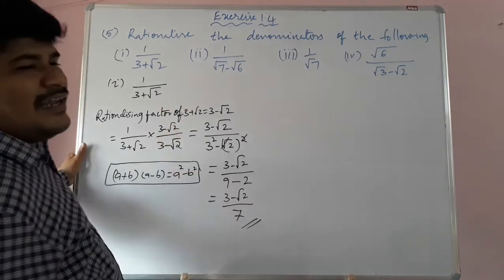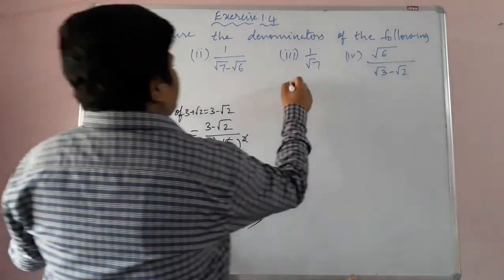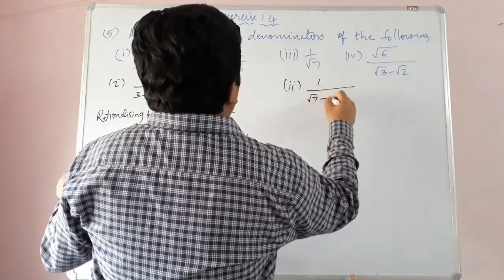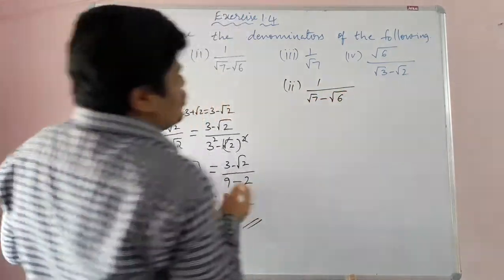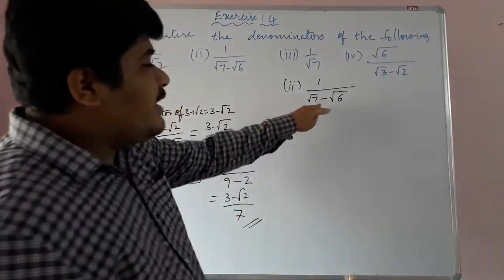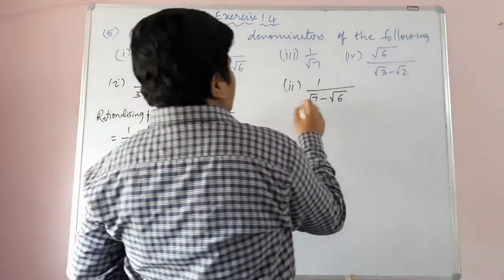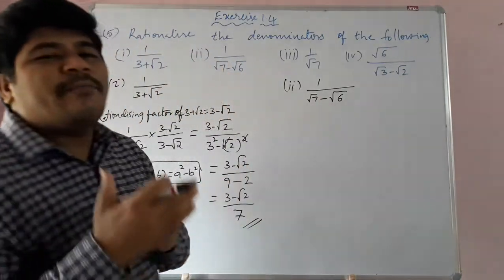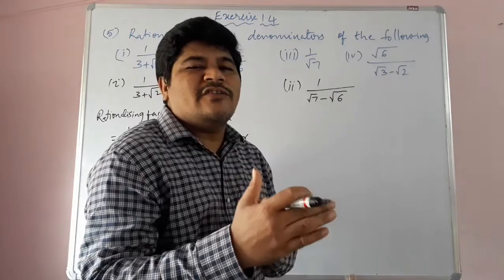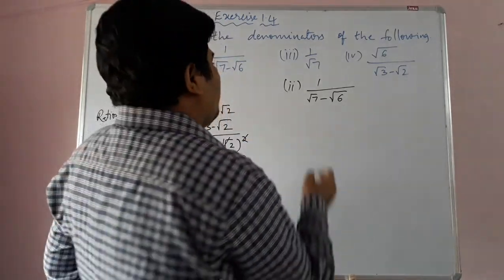Now students, let's see the second problem. Okay. So the second problem is 1 by root 7 minus root 6. So students, first we need to take the rationalizing factor of the denominator. Okay. So this is in the form of root a minus root b. The rationalizing factor of root a minus root b is what? Root a plus root b.